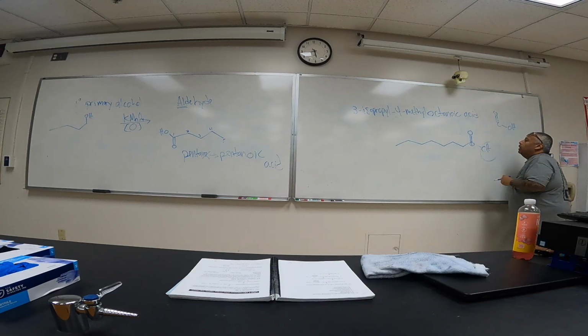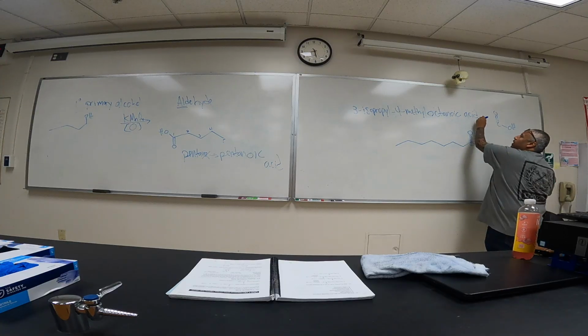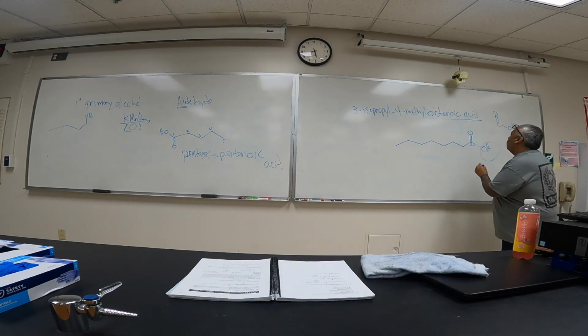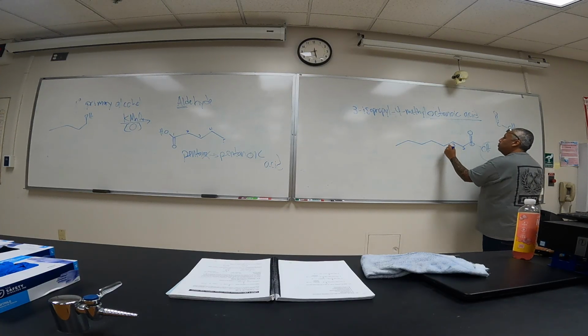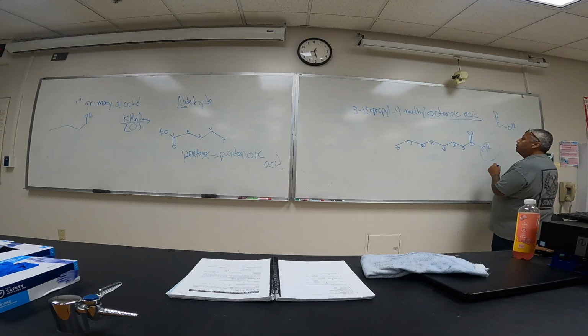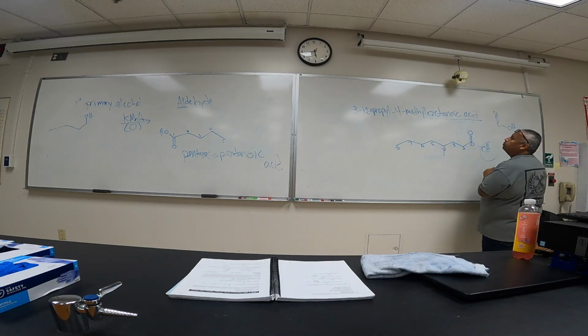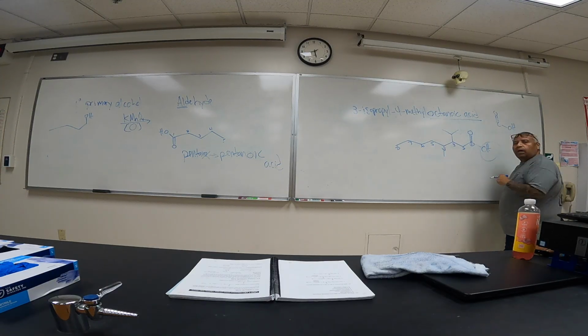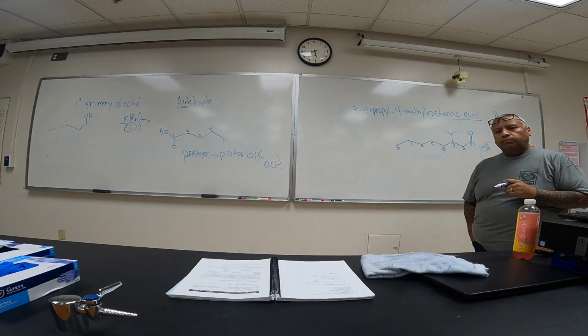So now we have octanoic acid, so this is taken care of. We'll just number these: 3, 4, 5, 6, 7, 8. Carbon number 4, we get a methyl group, and carbon number 3, we're going to get some isopropyl here.